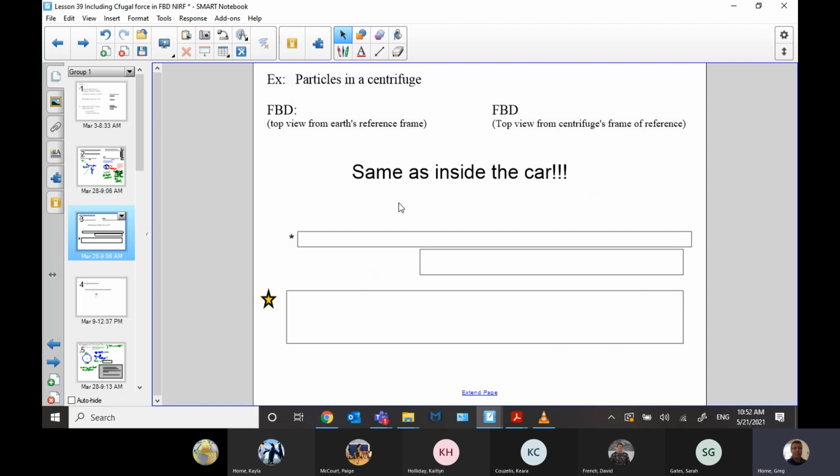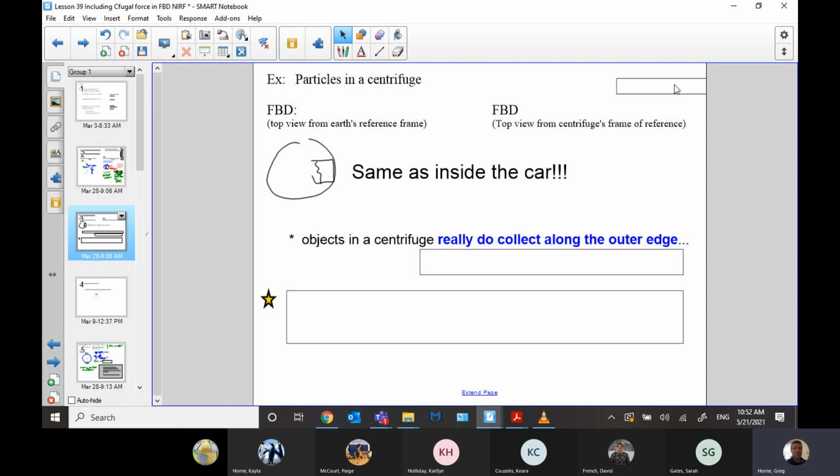Anyways, so particles in a centrifuge, exact same stuff, right? Centrifuges are a circular machine, and you put something in it, a bucket of whatever liquid. The example that always comes to mind is blood, because they separate out platelets and red blood cells and so on by spinning them around. But it's the exact same free body diagrams as in the car, right?